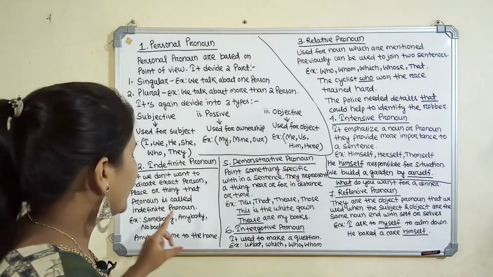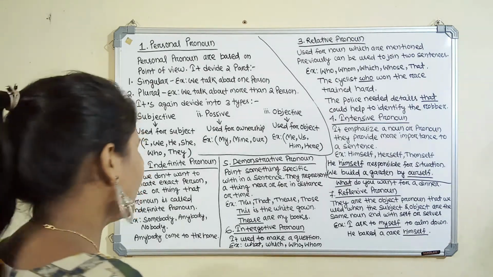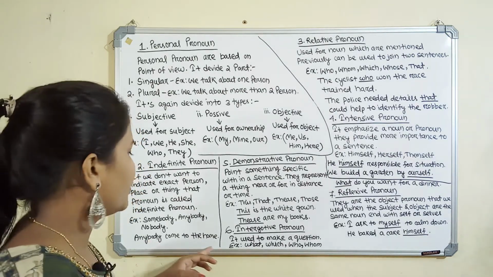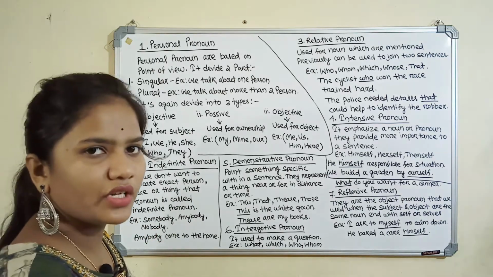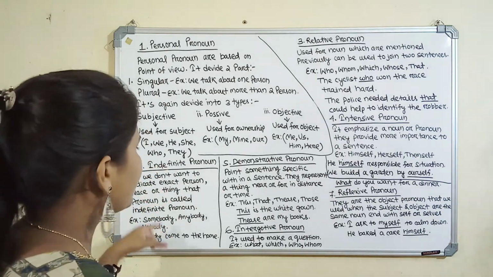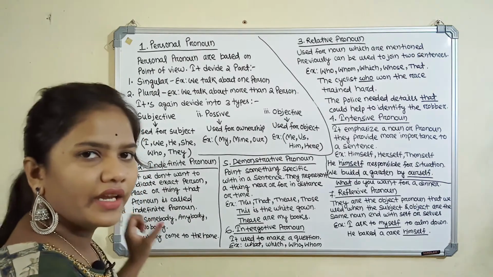Like somebody, anybody, nobody. Let's take a sentence example: Anybody come to the home. We don't know who, and we don't want to indicate a particular person, so in this case an indefinite pronoun is used. Anybody is the indefinite pronoun.